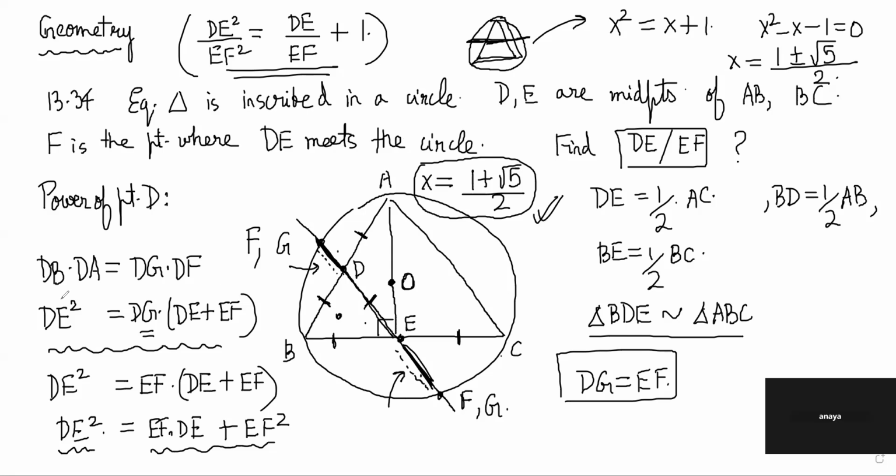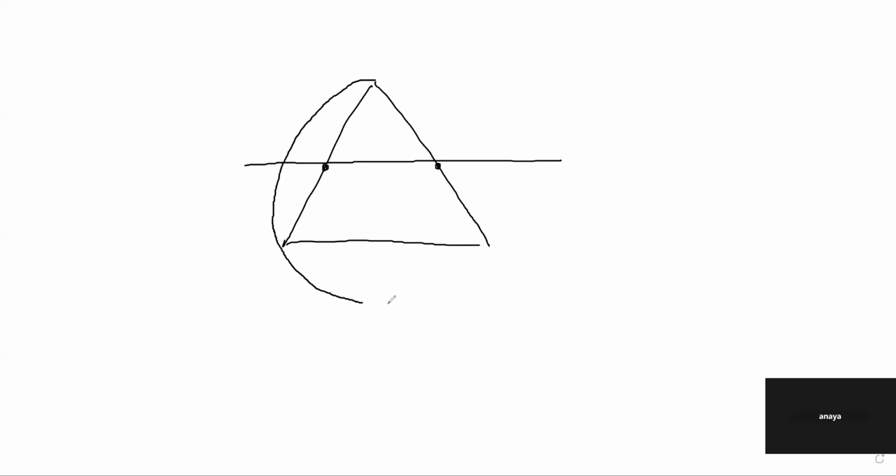The main idea here is, if the equilateral triangle is like this and you have two midpoints, then obviously this line, and if you draw the circumcircle, there should be no difference between this length and this length because the triangle is symmetric inside the circle.